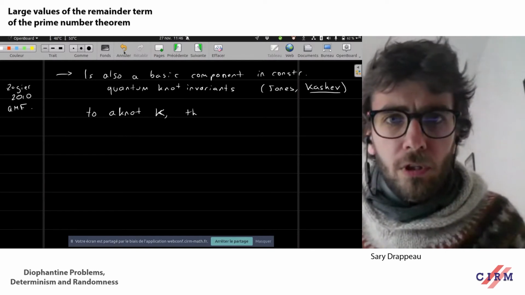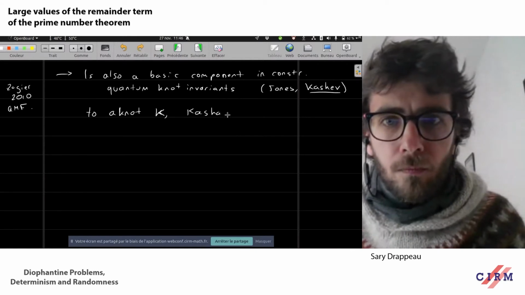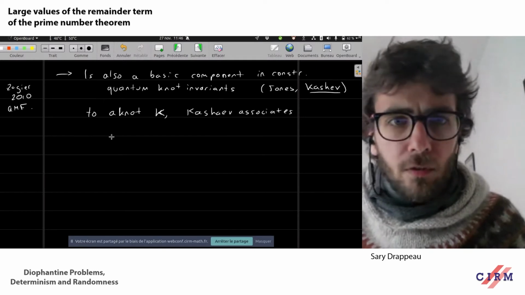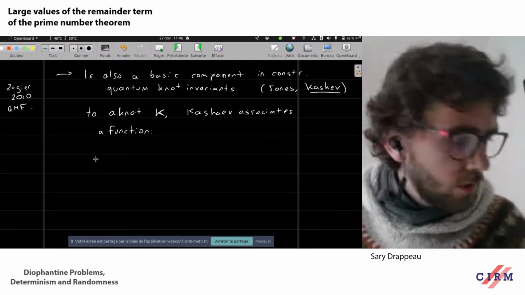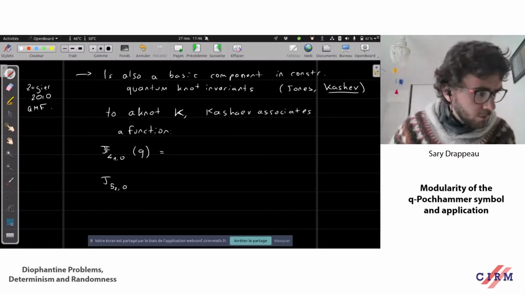So Kashaev associates a function, and I will state two examples to show you what it looks like, to make it a bit more concrete. So 5.1 and 5.2 are some knots. Maybe I can show them to you after the talk, because I need to find them online. I didn't think of drawing them. I'm sorry about this.